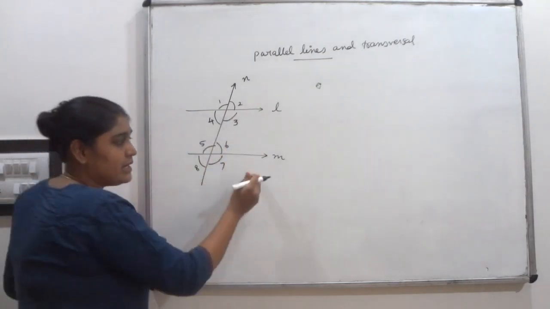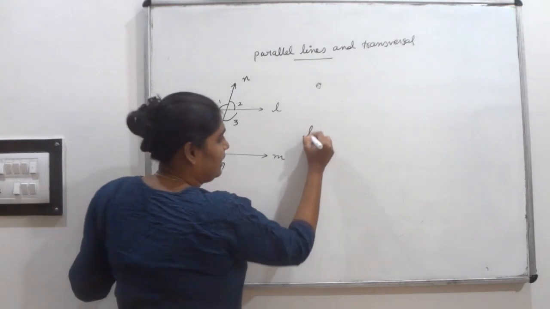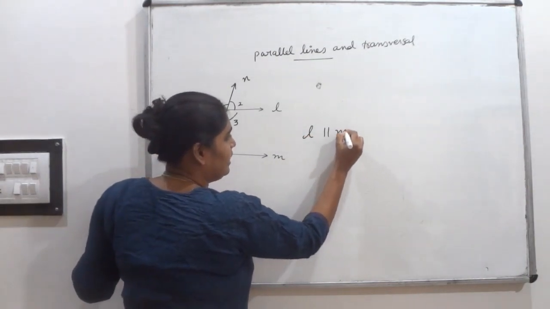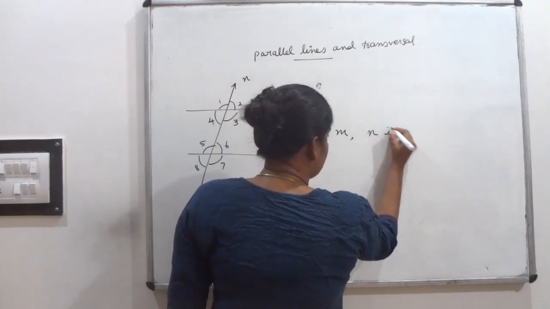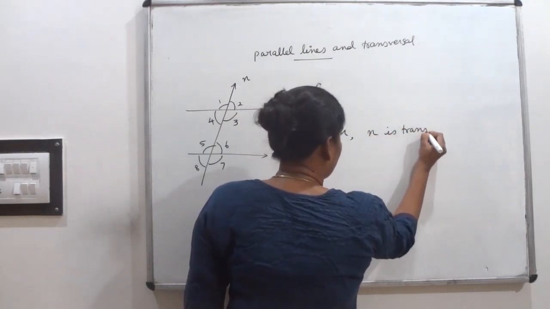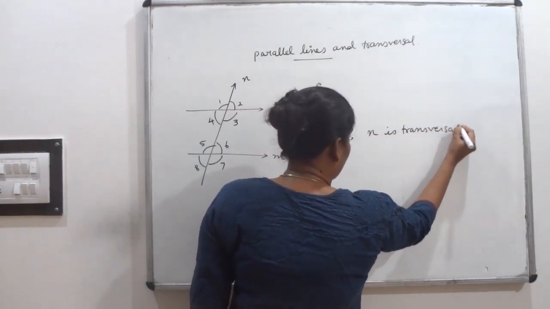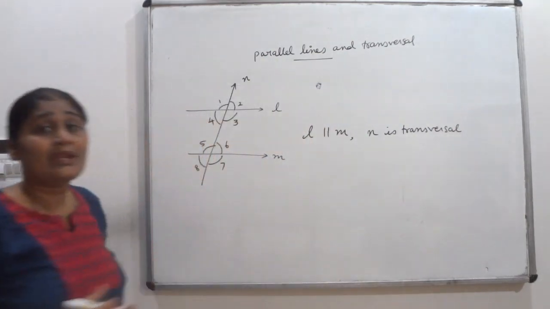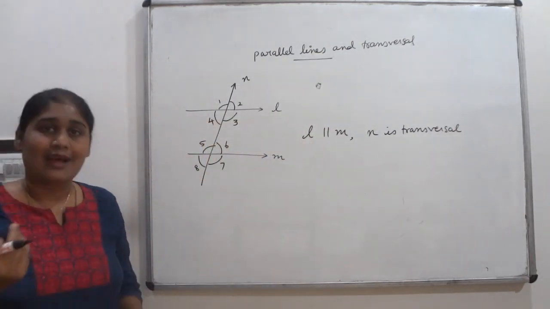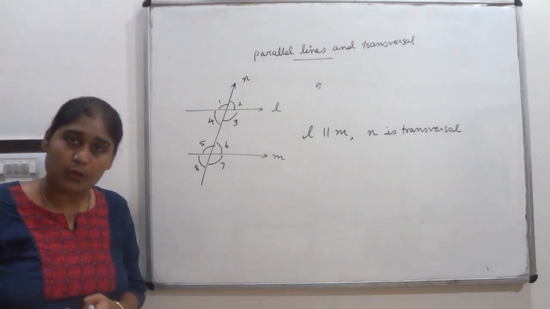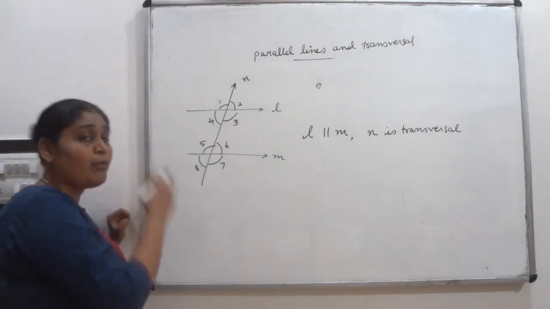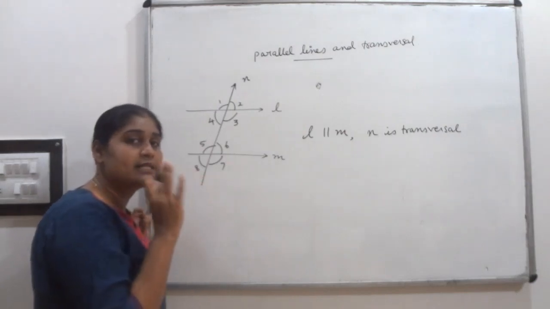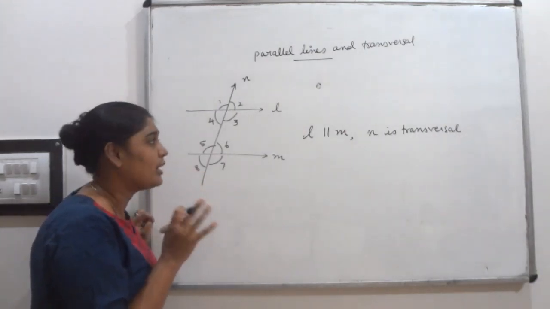When line L is parallel to line M and N is the transversal, then alternate interior angles are equal, alternate exterior angles are equal, and corresponding angles are equal. Then the sum of co-interior angles on the same side of the transversal is 180 degrees.